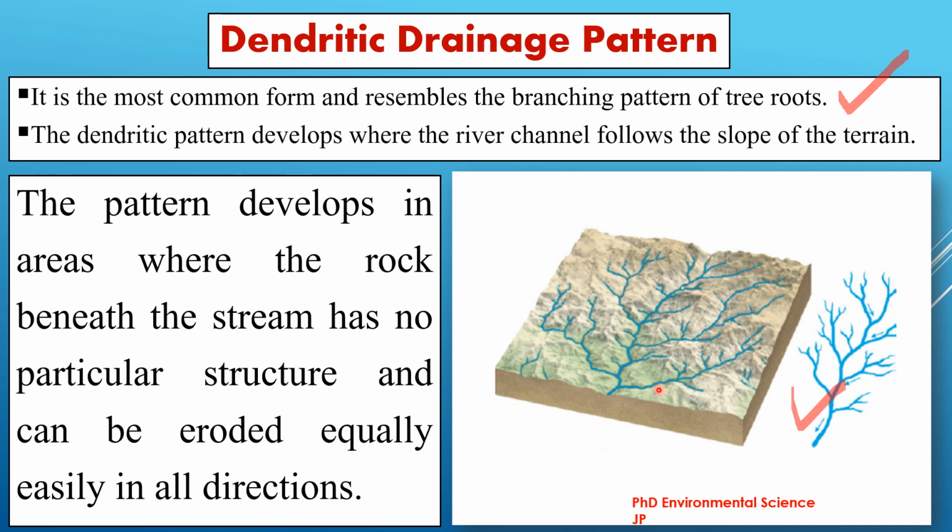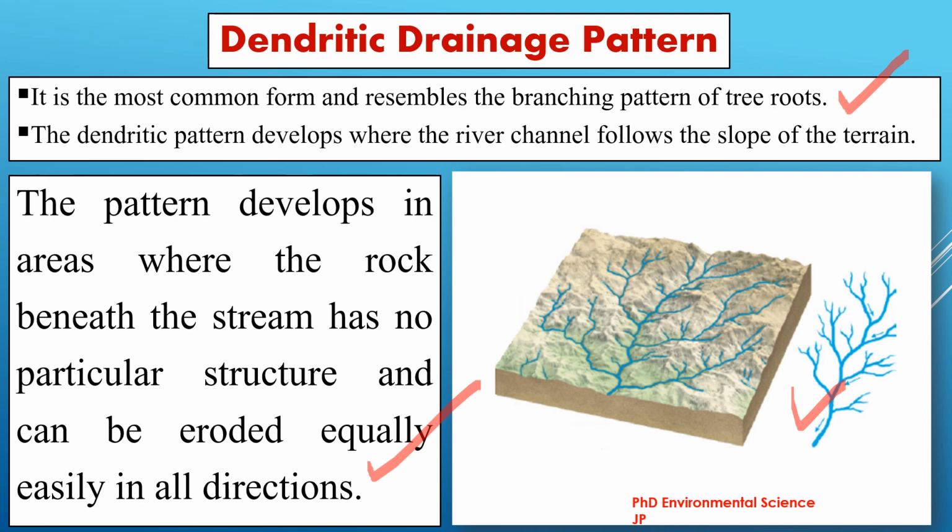This pattern typically develops in areas where the underlying rock or sediment is relatively uniform in terms of erosion resistance. The rock does not have a distinct structural orientation like folds or faults that would significantly affect erosion rates in different directions. The pattern forms where the terrain has a consistent slope, allowing water to flow naturally and create a branching network.